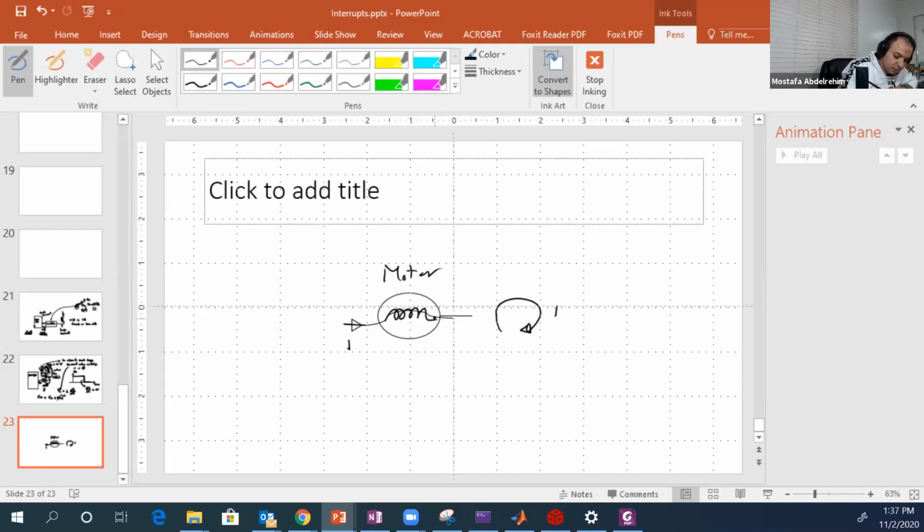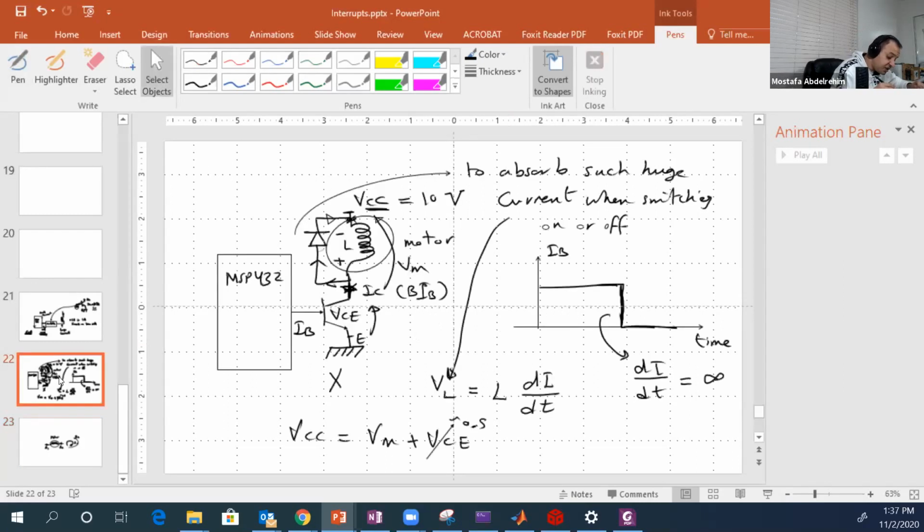If it runs in the opposite direction, I2, it will rotate in the opposite way. This circuit here has only one direction of current. The current is flowing from VCC, or this battery, to the transistor. The current can't flow in the other way.